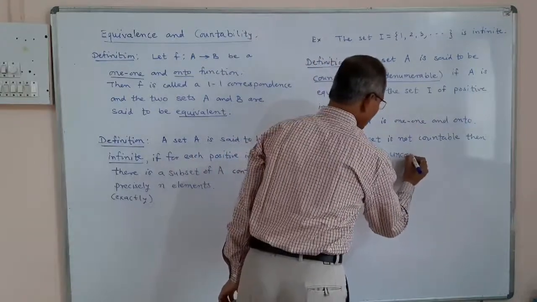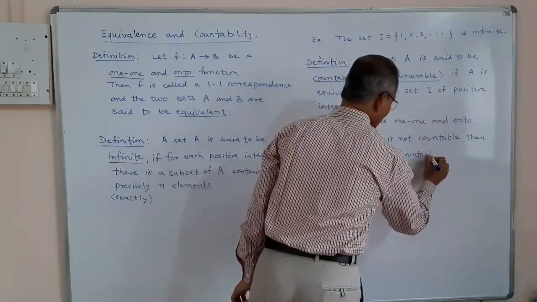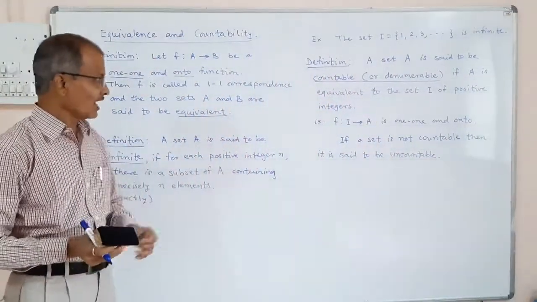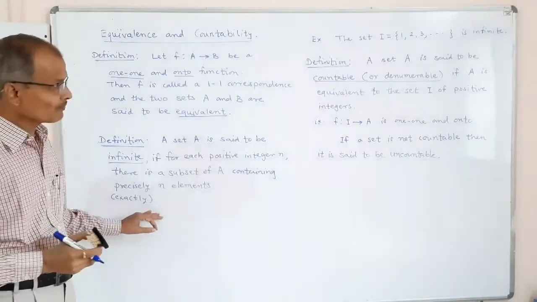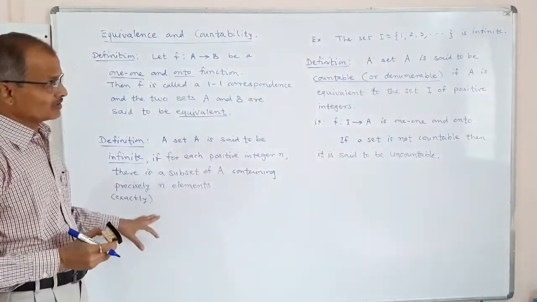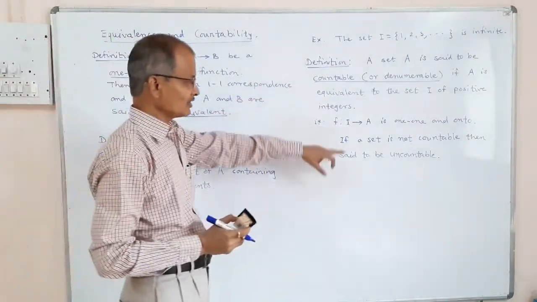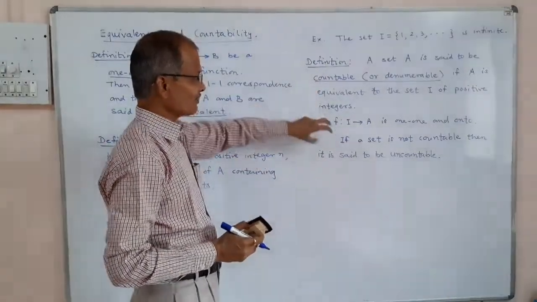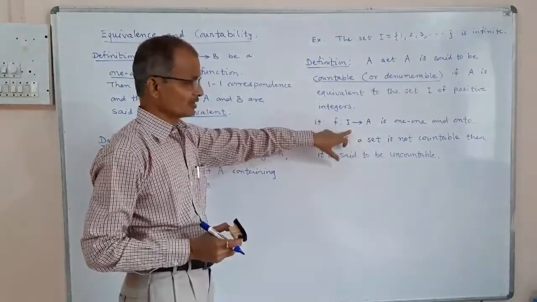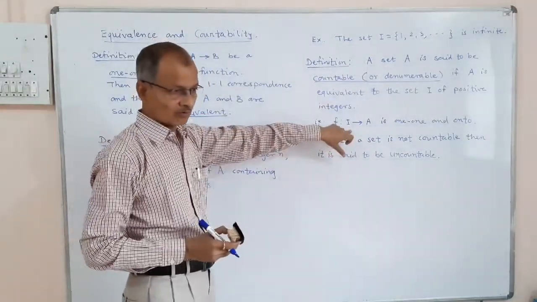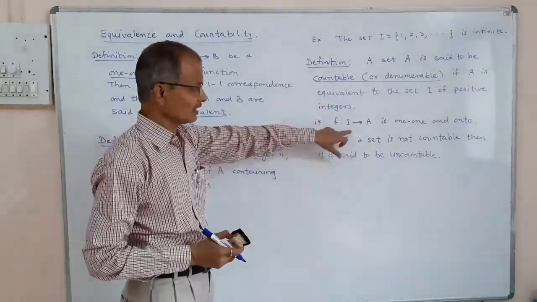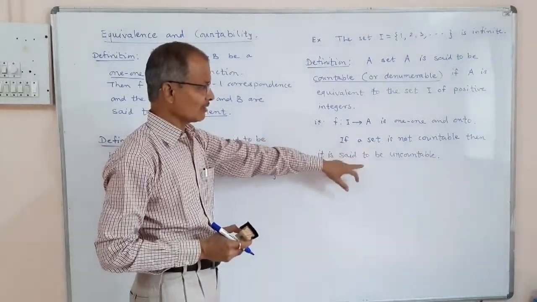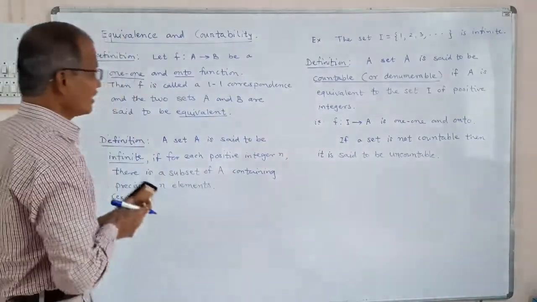Thus there are two concepts here: finite and infinite, which we have seen earlier, and now countable and uncountable sets. A countable set has a one-to-one relation with the positive integers. And a set which is not countable is an uncountable set.